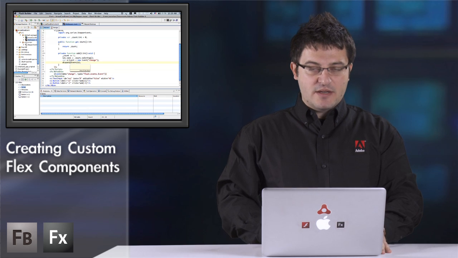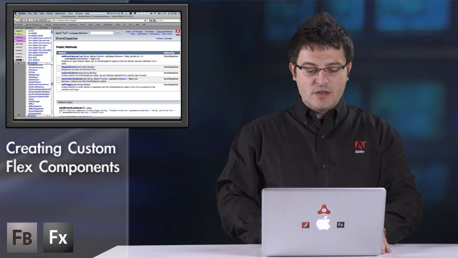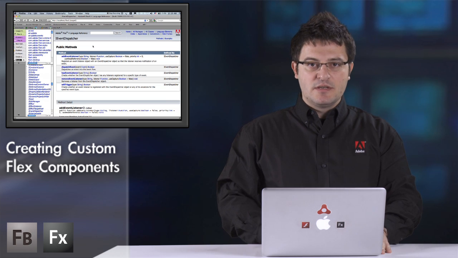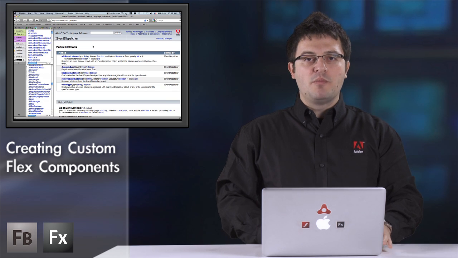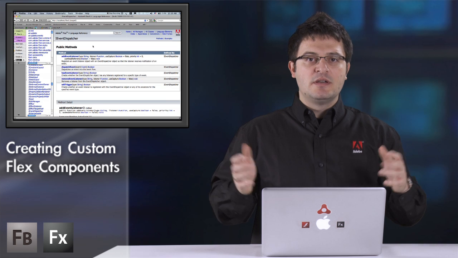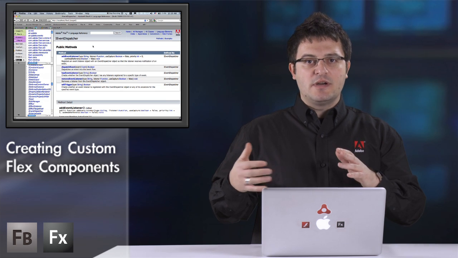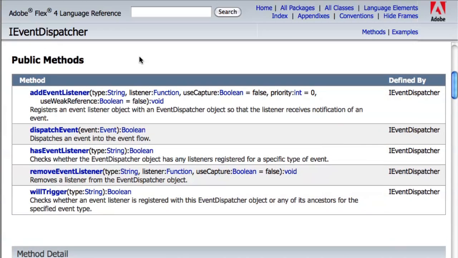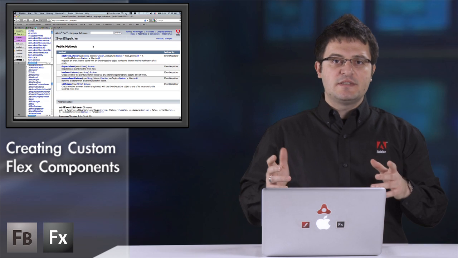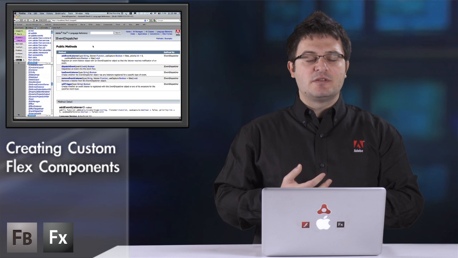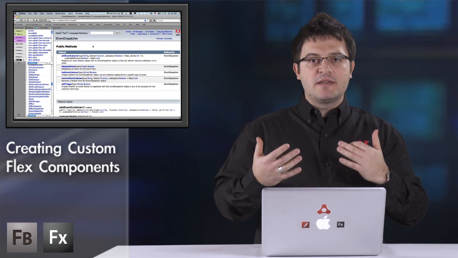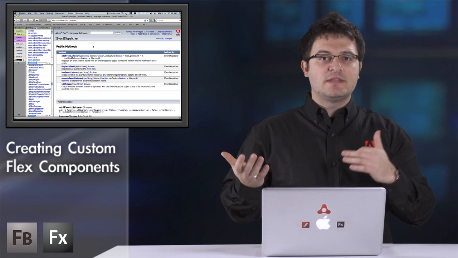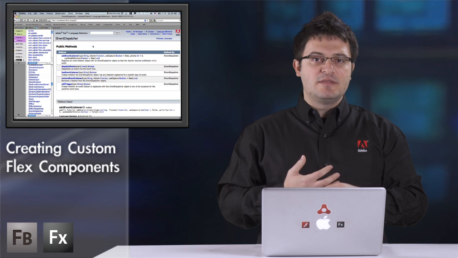Now let me go back a little bit and explain what you have to do in order to be able to dispatch events. Whenever you are creating a component that you want to be able to dispatch events, you need to either implement the EventDispatcher interface, and I have here the APIs for this interface, or you have to extend the EventDispatcher class. Every Flex default component from the Flex framework implements or extends the EventDispatcher.